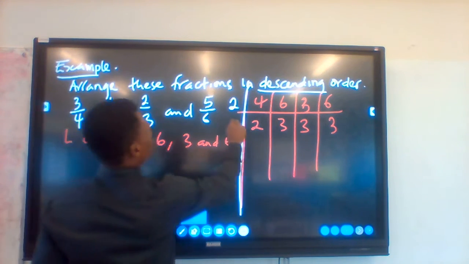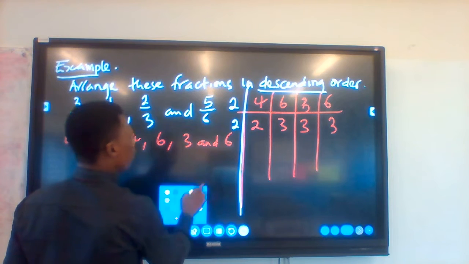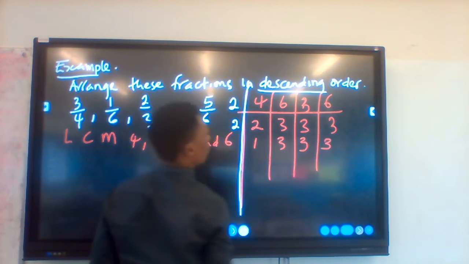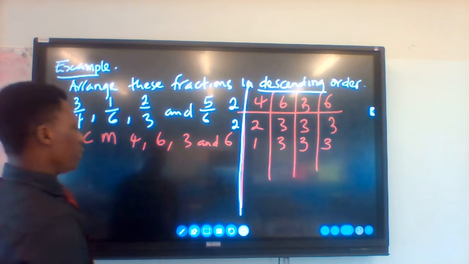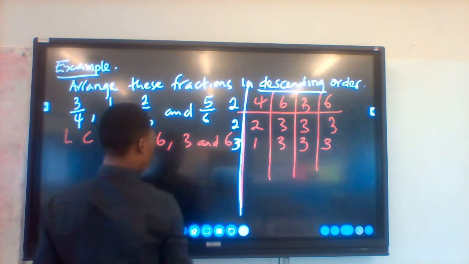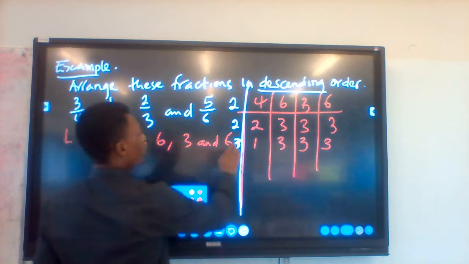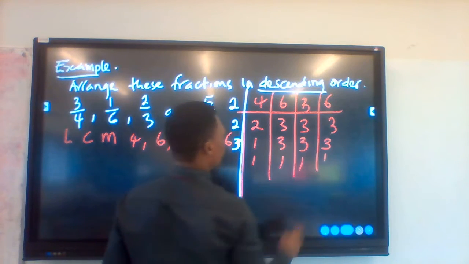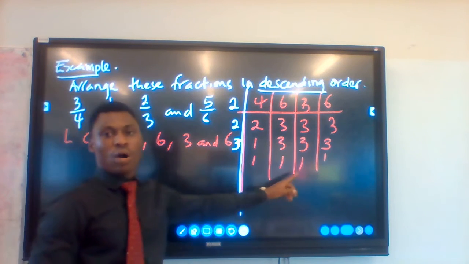We can use 2 again. And this one will give me 1, 3, 3, 3, because 2 cannot go in 3. Then finally we can use 3. If you use 3 to divide everything, 3 in 1 impossible, 3 in 3, 1, 3 in 3, 1, 1. And everything has given us 1, 1, 1.